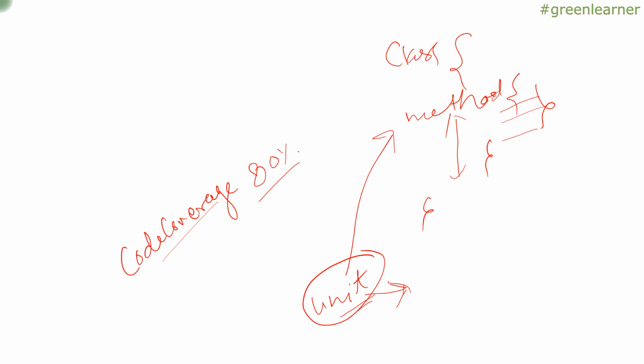That logic has changed, so the unit test should also change. But there is no mechanism so far in SonarQube to check whether your unit test will fail after changing the business logic.